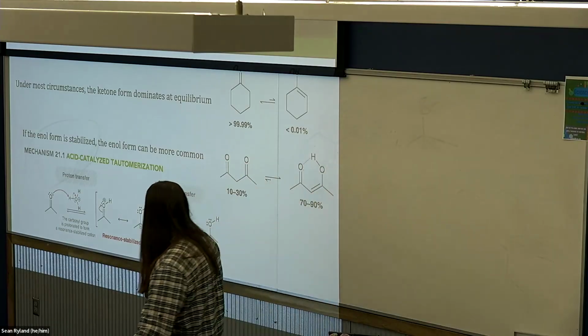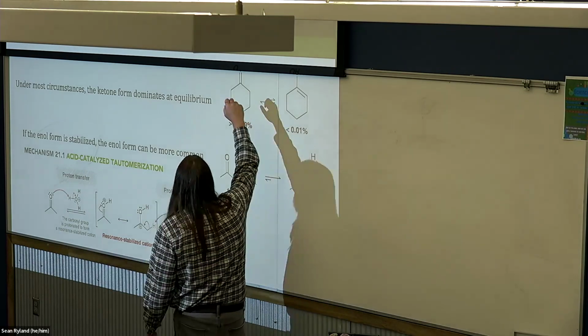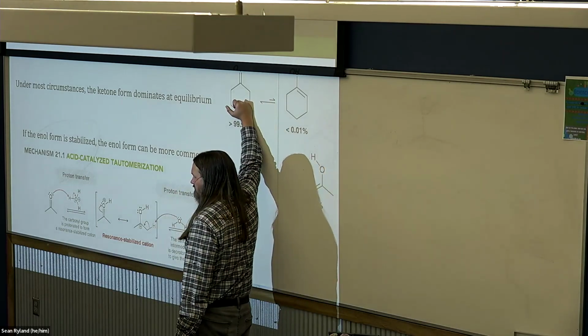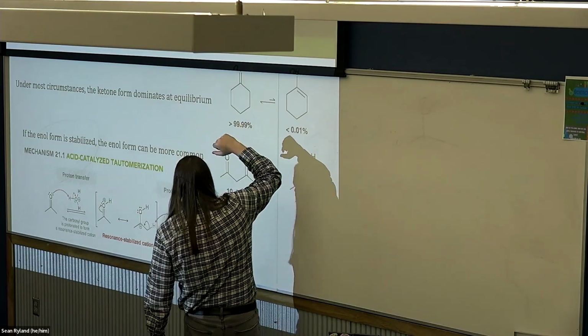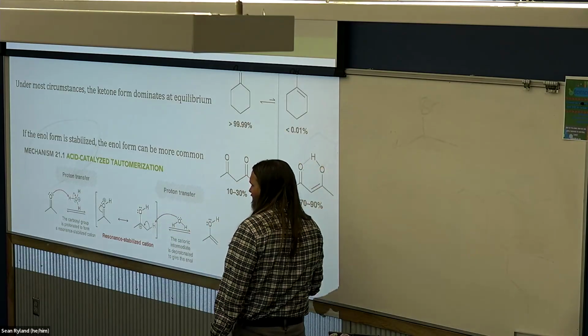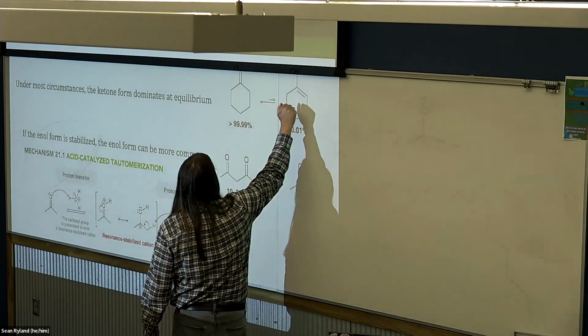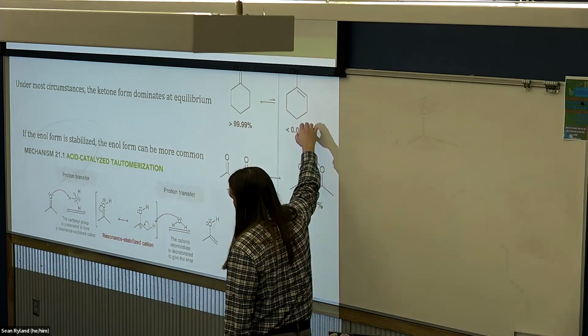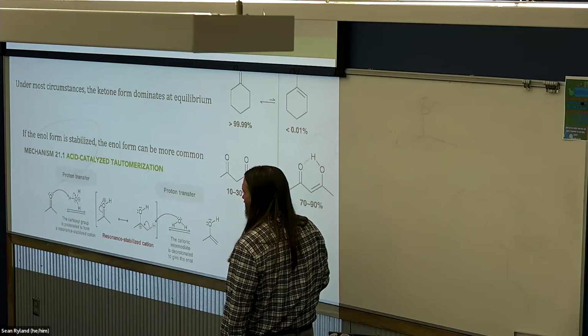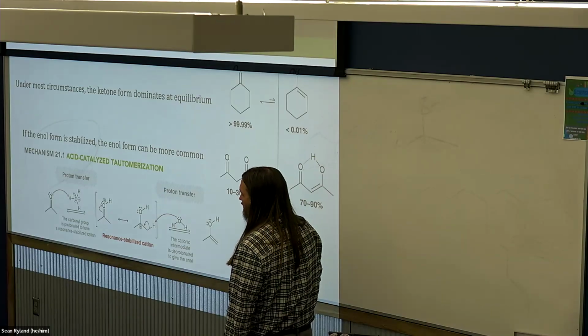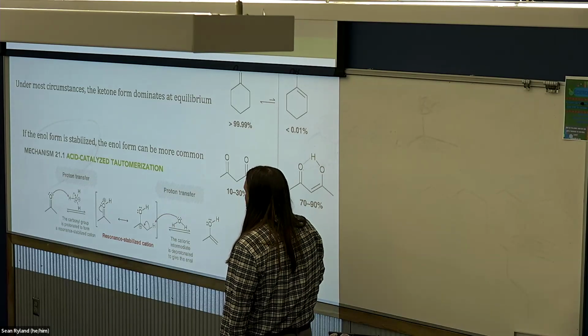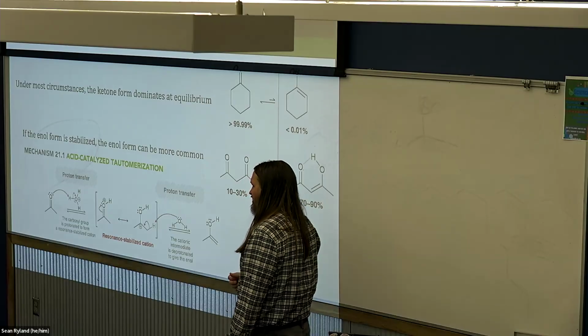Right, so under normal conditions, our carbonyls are just going to stay as a carbonyl for the most part. If it's an aldehyde, then this ratio is going to shift to form the enol a little bit more. If there's resonance stabilization of the phenol form, then that's gonna make it even more likely to show up as the phenol.